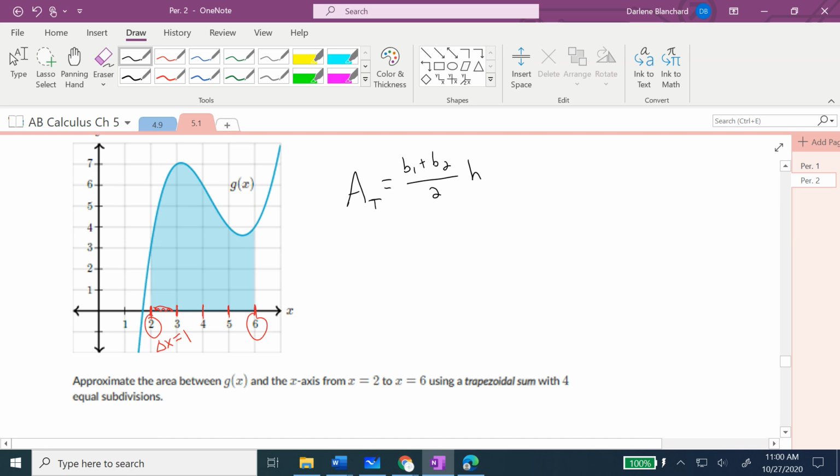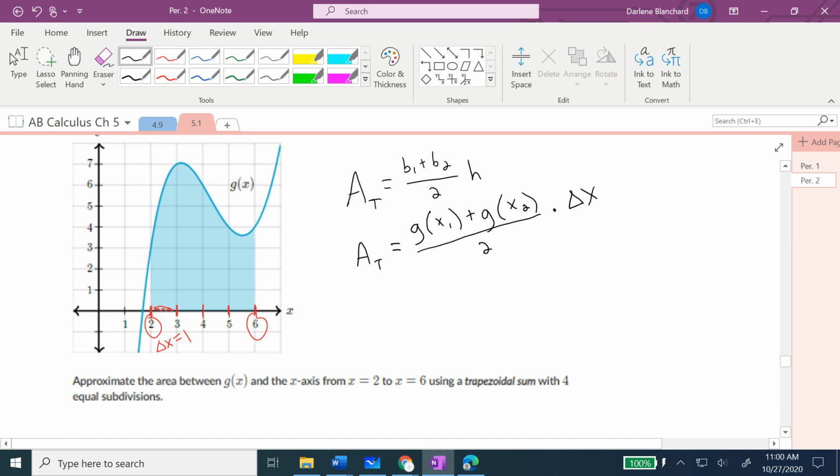But when it comes to our trapezoidal approximations in calculus, the bases are function values. So base 1 is a value of my g function with a particular x plugged in. Base 2 is a value of my g function again with a different x plugged in, over 2, and then the h is delta x.